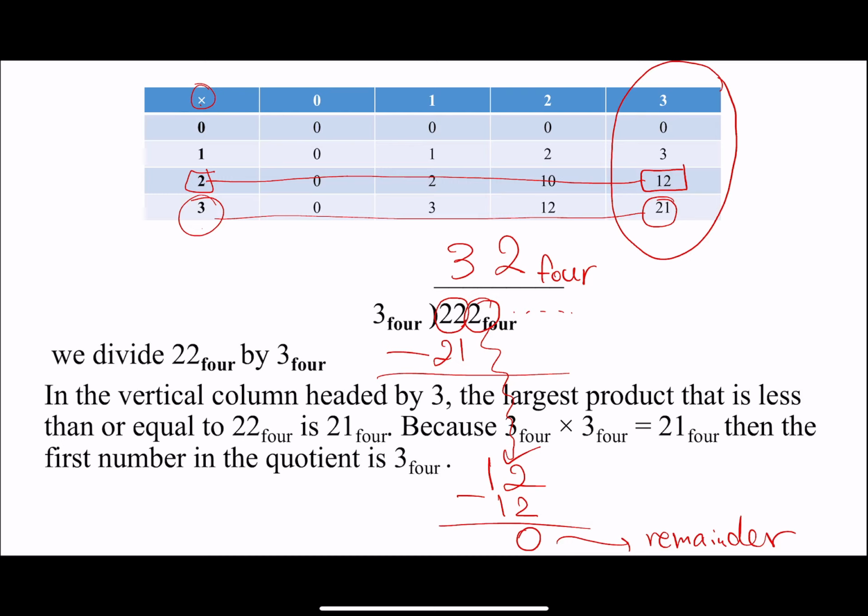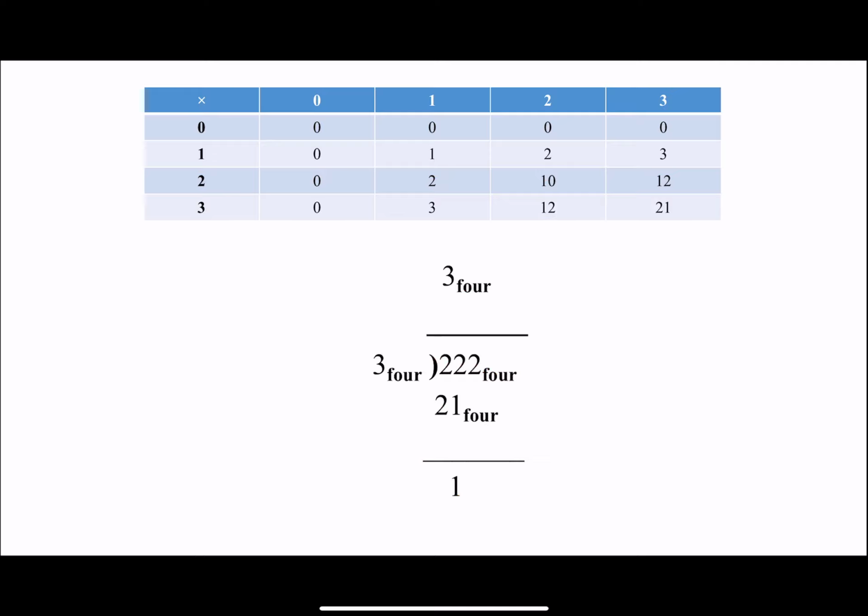If you do not have more digits to bring down, then you're done. You stop. So as you see, I had 2 2 2 base 4 divided by 3 base 4. 2 is smaller than 3, so I started with 2 2. I focus on the column of 3, so I look for the largest product which is equal or less than 2. 3 multiplied by 3 gives you 2. I did the subtraction and had one more digit to bring down, so I brought that down.